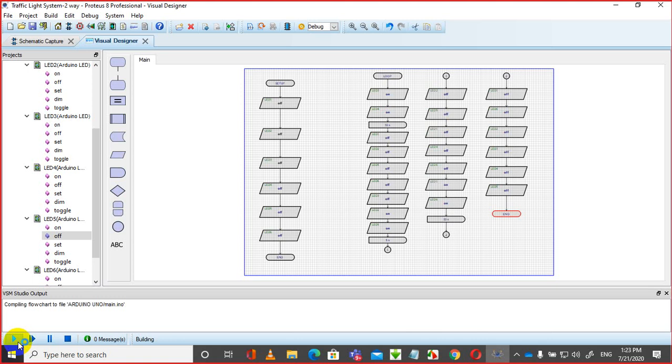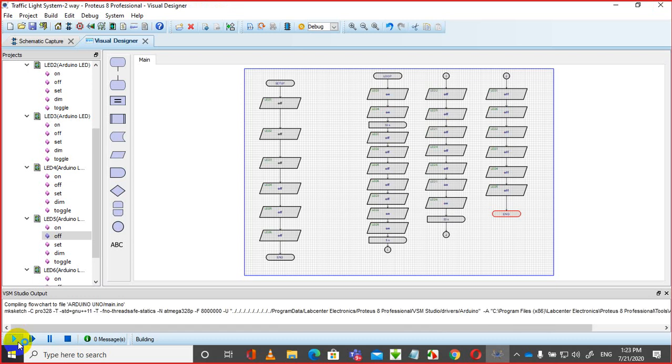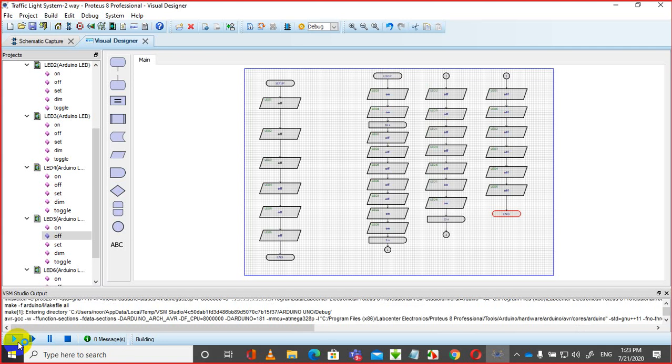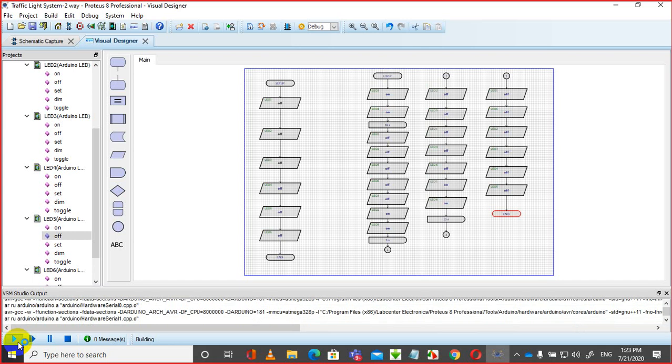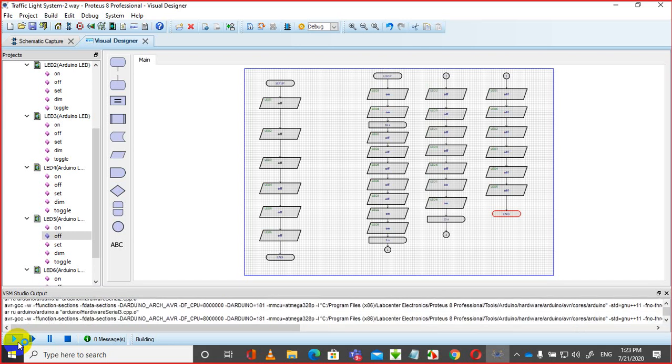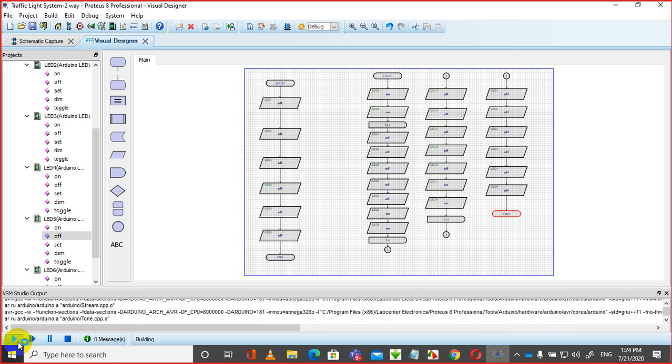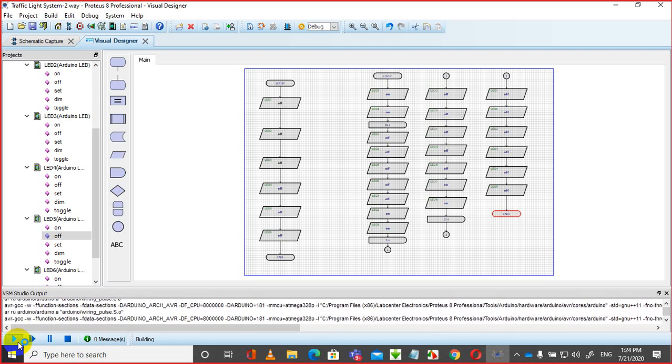The project is compiling. It is still compiling.